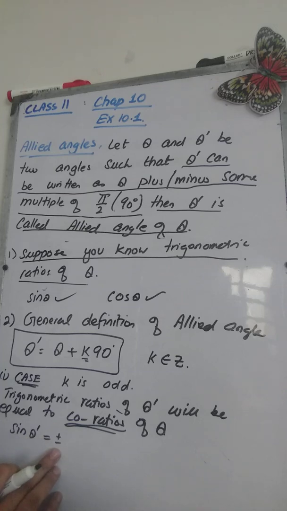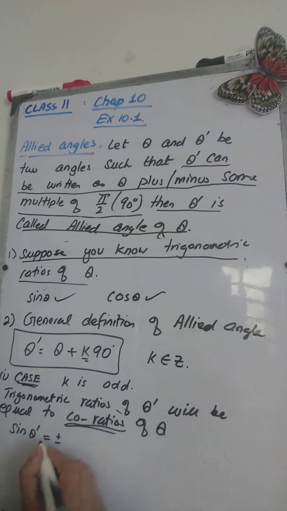This will be discussed in the examples and questions I will do, and then I will explain this portion. It can be plus or minus depending upon whether theta dash lies in the first, second, third, or fourth quadrant. First we locate theta dash, then we see whether the sign is positive in that quadrant or not, and with the help of this we decide whether the sign should be plus or minus.